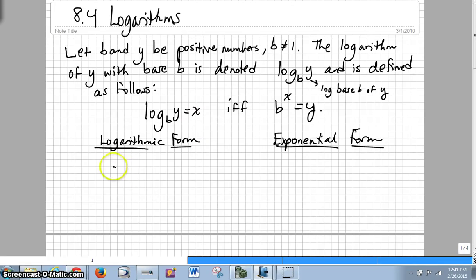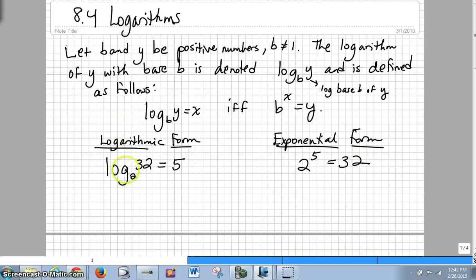So what that is saying is, if I give you a sentence in logarithmic form, let's take a sentence, log base 2 of 32 is equal to 5. This sentence, as an exponential sentence or an exponential form, means 2 raised to the 5th power is equal to 32.